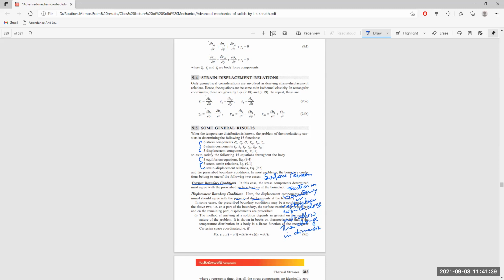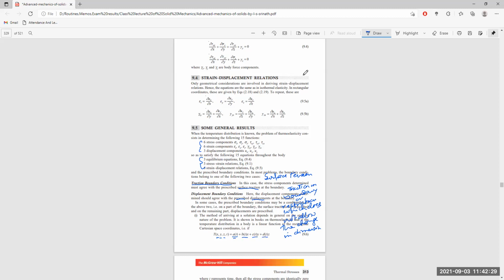In our books on thermoelasticity, the temperature distribution of a body is a linear function of the rectangular Cartesian coordinate system, meaning the rectangular space system like X, Y, and Z. The temperature distribution is a function of X, Y, Z as well as the time t, which is equal to A times time plus B times time times X plus C times time times Y plus D times time times Z. It means the change in time first: due to the change in time, what is the effect in the x direction, in y, and in z?